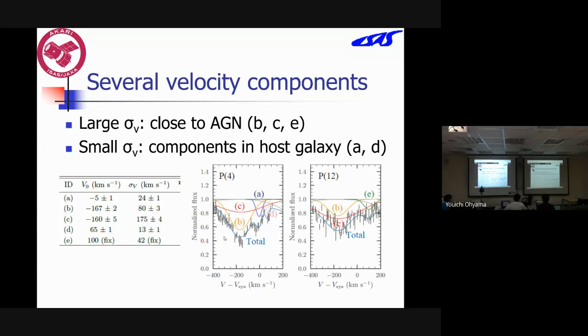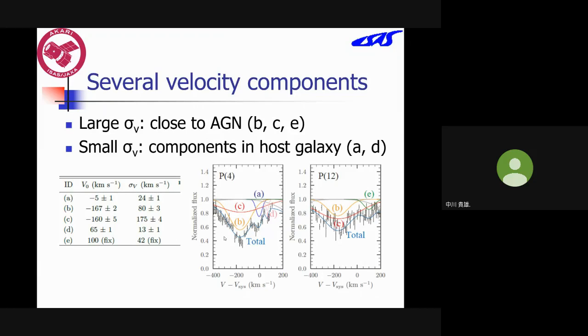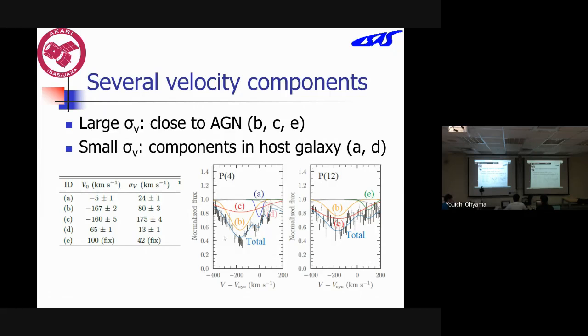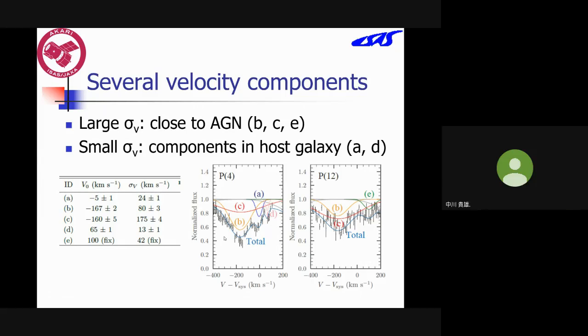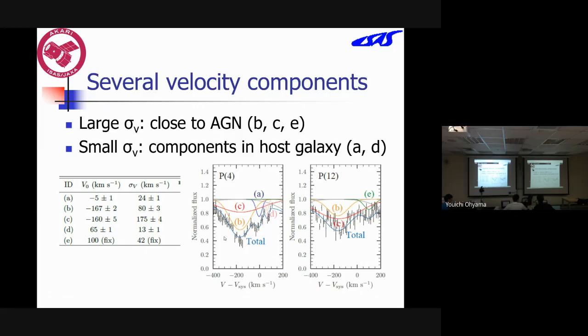But this galaxy has a luminosity of 10^12 solar luminosities, which requires, roughly speaking, 1 solar mass per year. So I'm afraid it's not enough, even with 100% Eddington luminosity. Maybe it depends on the covering fraction. Yeah, could be. Okay, thank you very much for the very clear answer.